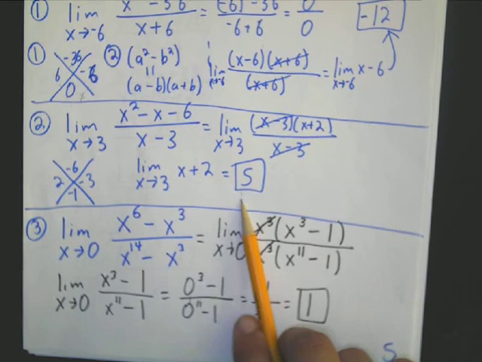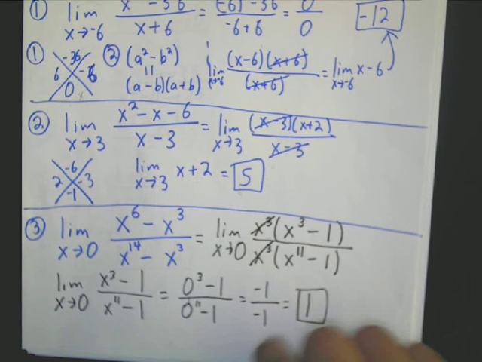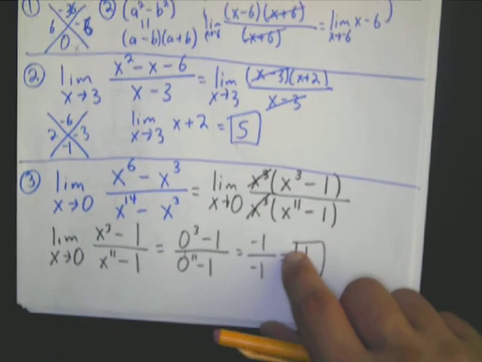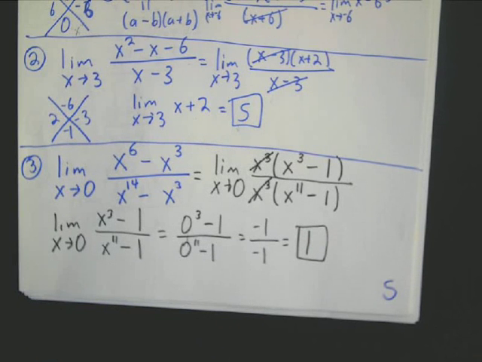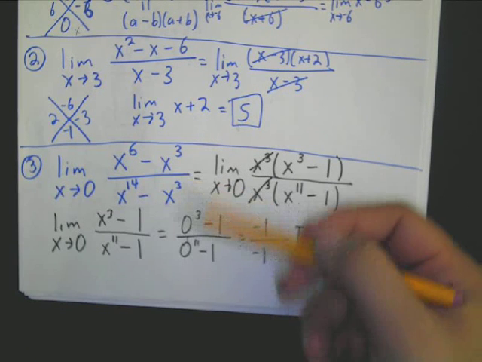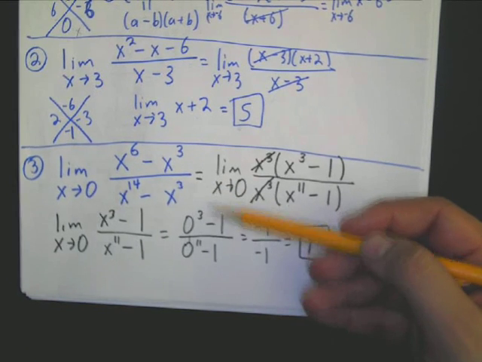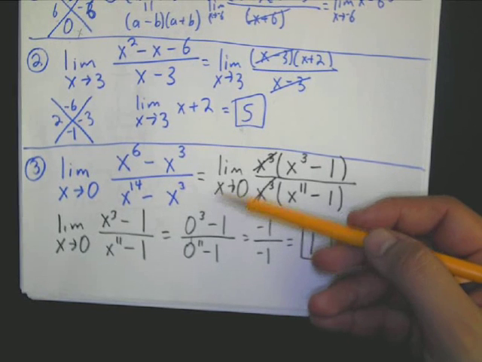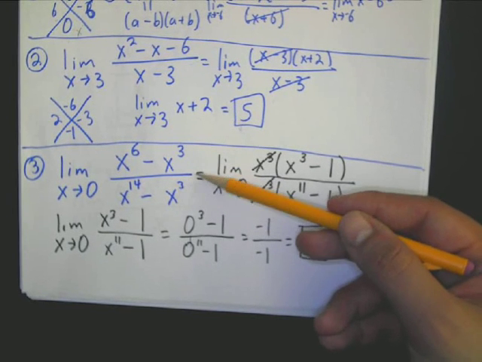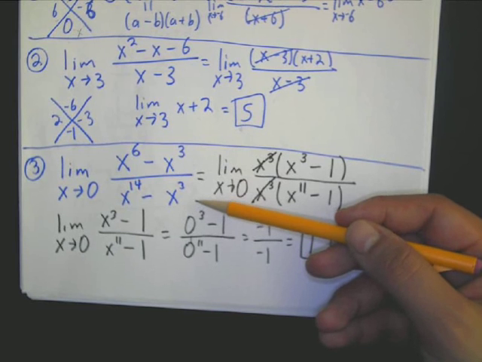Last but not least, you have the limit as x approaches 0 of this big, scary function. Again, you had to figure out what common factor the numerator and the denominator have. What common factor did they have? X cubed, or x to the third power.